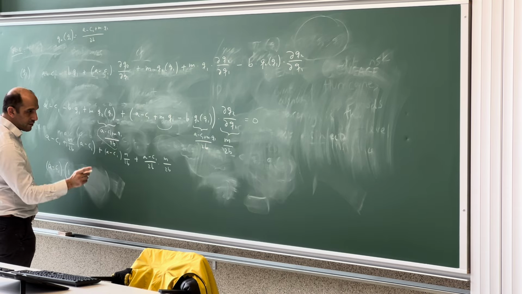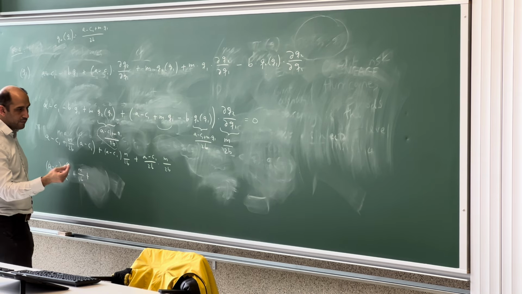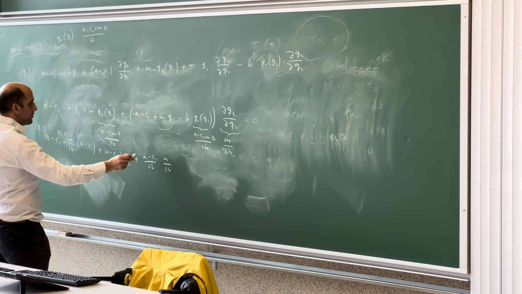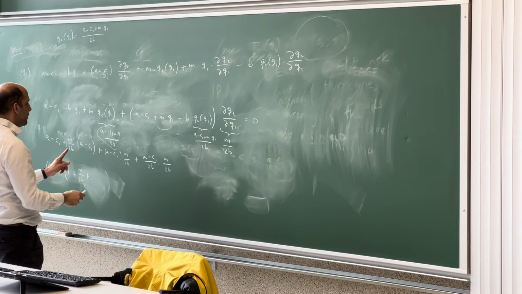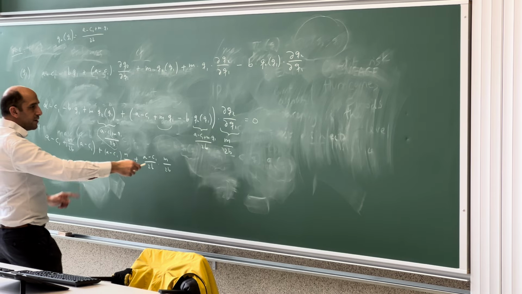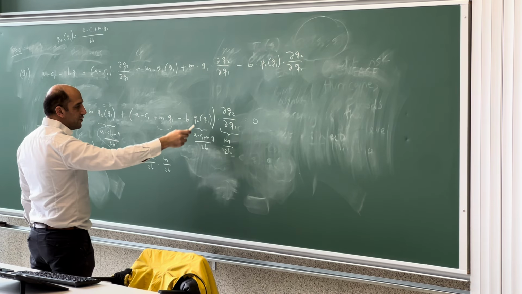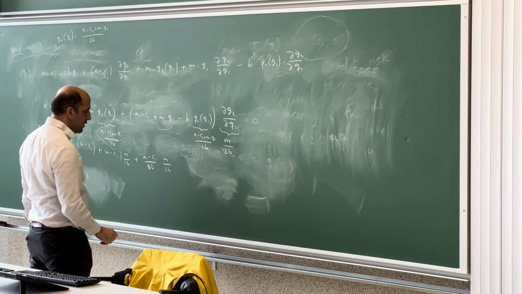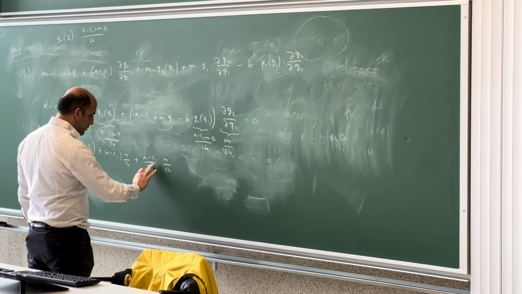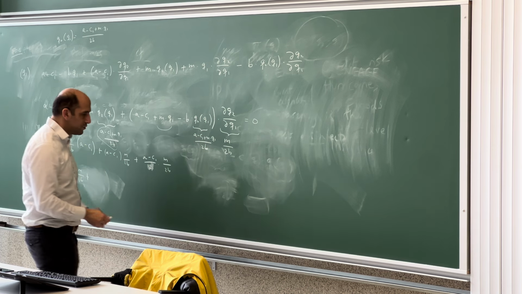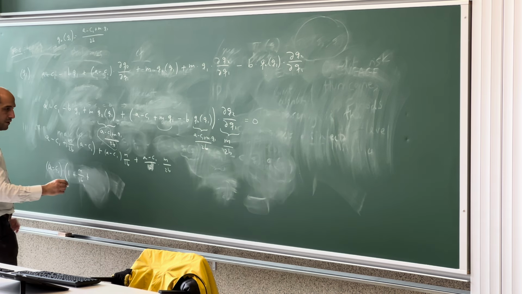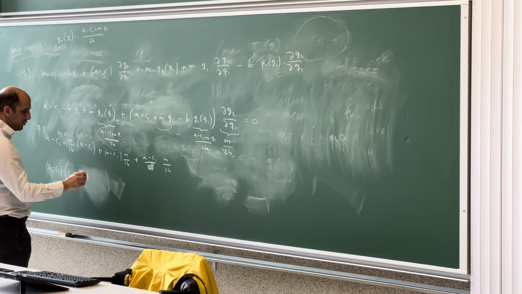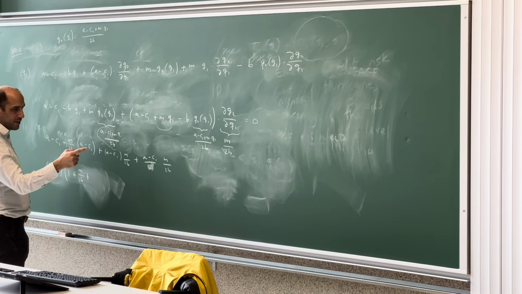plus m over... This really is m over c1. This is a minus c1 over 2b times this is a minus c1 over 2, times m over 2, so it should be a minus c1 times m over 4b.